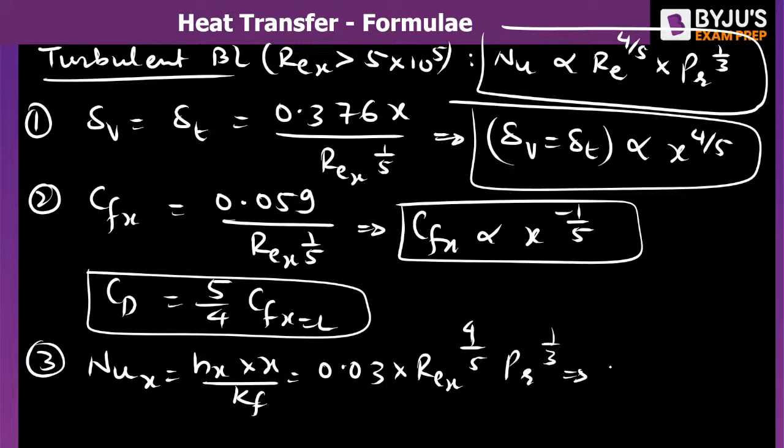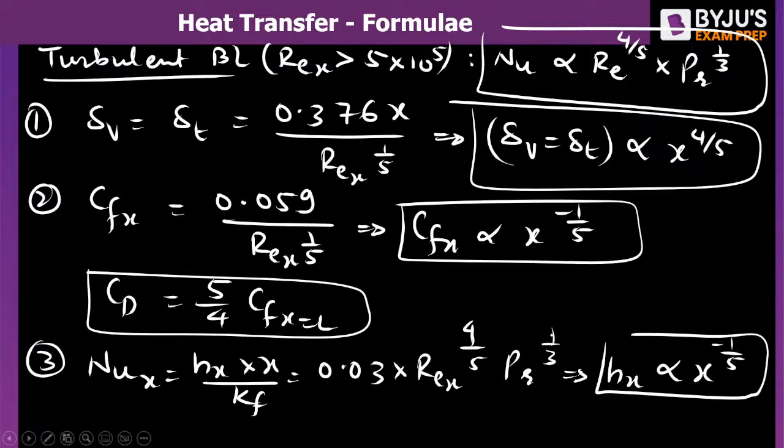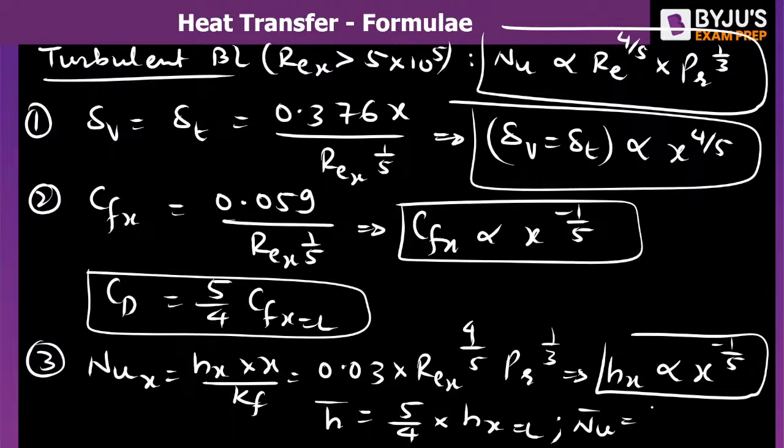So from here we can say Hx is proportional to x to the power minus 1 by 5, isn't it? And the average convective heat transfer coefficient is 5 by 4 into Hx at x is equal to L. Average value of Nusselt number is 5 by 4 into Nusselt number at x is equal to L. These are for turbulent boundary layer.